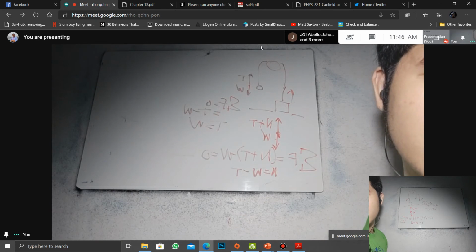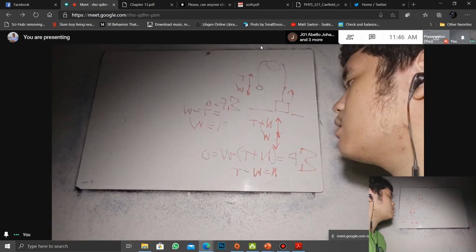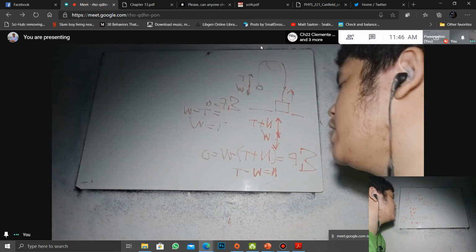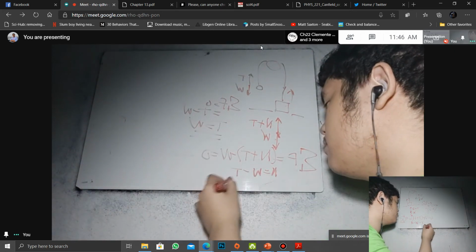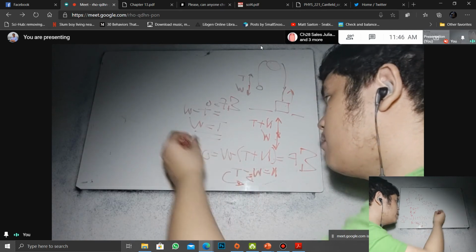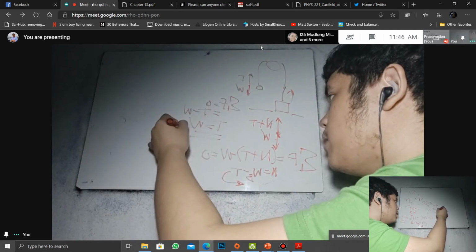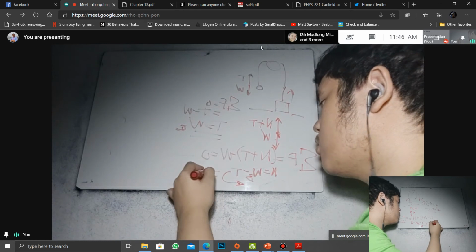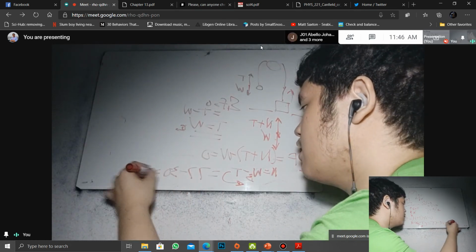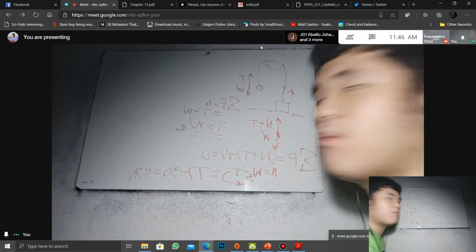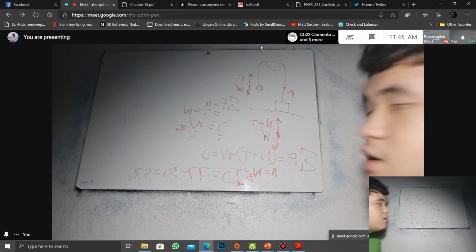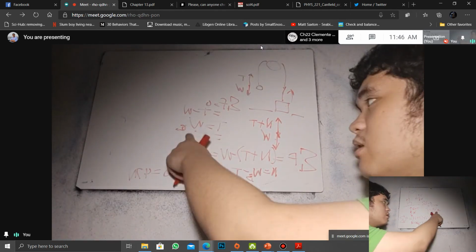Diba? So, sa letter A, 30 newtons yung weight ng counterweight. Substitute lang natin dito. Weight ng box minus weight ng counterweight. So, sa letter A, yung sagot, 77 minus 30 equals 47 newtons. Yun yung normal force. Next, yung letter B. Ganun pa rin. Yung tension ngayon is 60 newtons na.